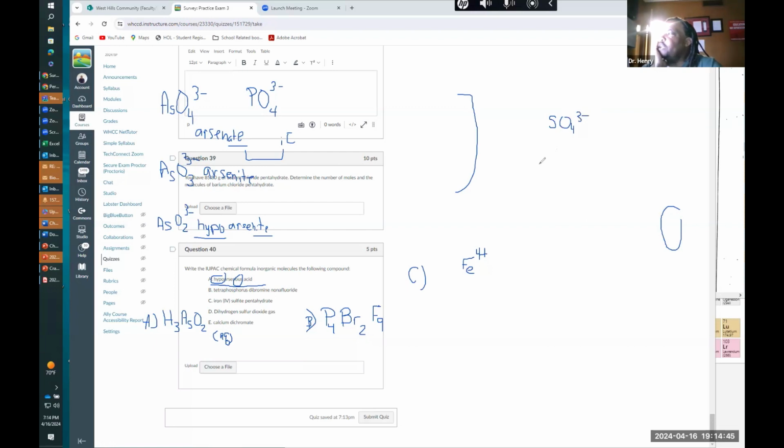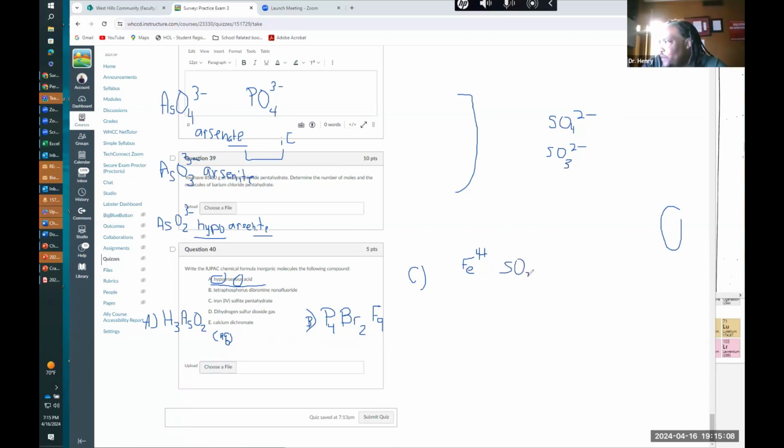So sulfite is going to be what? SO3, 2 minus. Oh, you're right. I screwed up because it's SO4, 2 minus up there. So sulfate is 2 minus, and then SO3, 2 minus. You're correct.